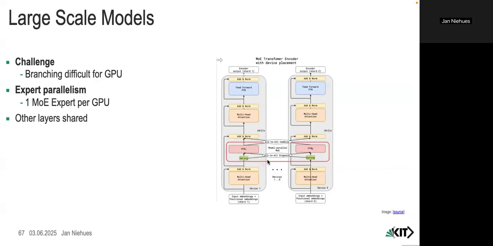Then you distribute your data so that on GPU 1, all the data points which should be calculated by expert 1 are calculated, and on GPU n, the ones which are calculated by expert k. So the nice thing is you have a large network, but during training you only have to do one expert on every GPU, and therefore can do things efficiently.